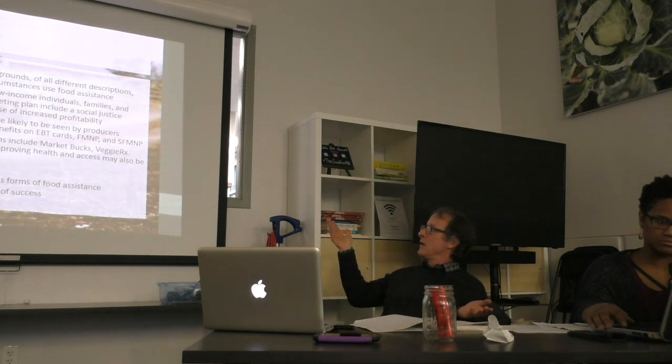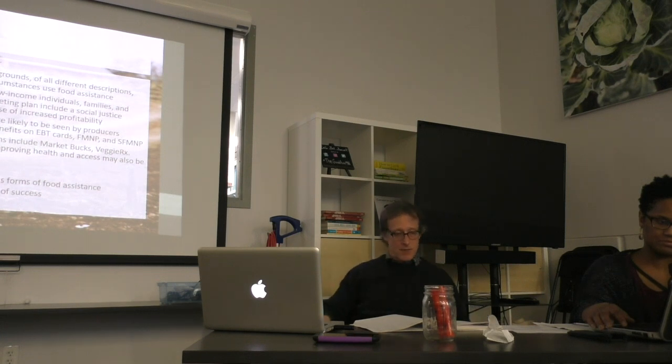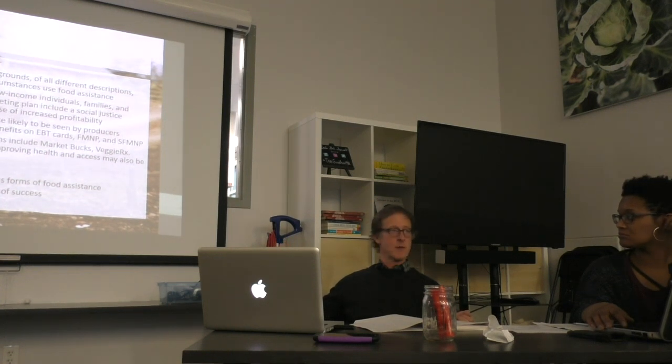We talked about the main types of food assistance that you'd be likely to see at a farmer's market, and we talked about some of the incentive and matching programs that you're also likely to see. I feel like too, we primed the pump a little bit for the second half of the discussion, which will be going into some of the specifics of accepting food assistance payments, including some of the rules and regulations that surround those.